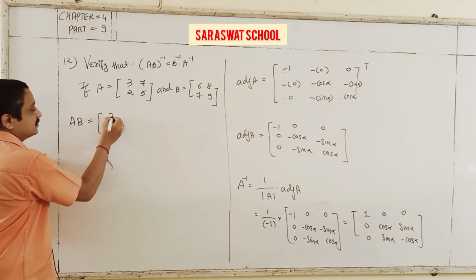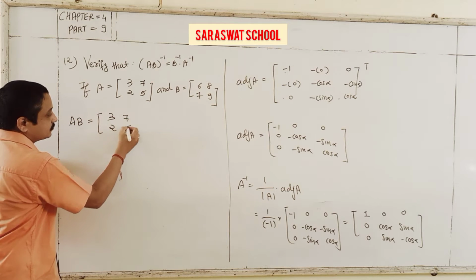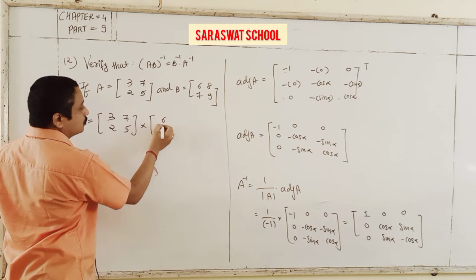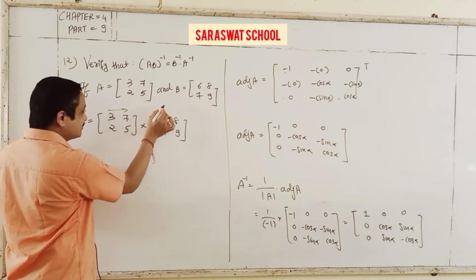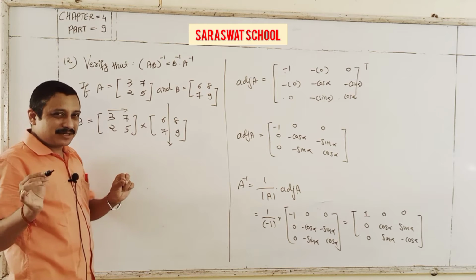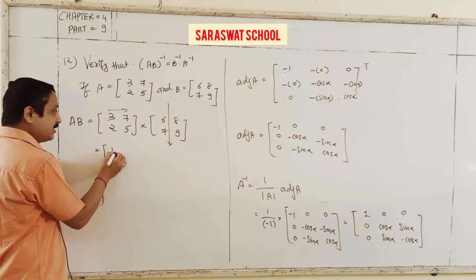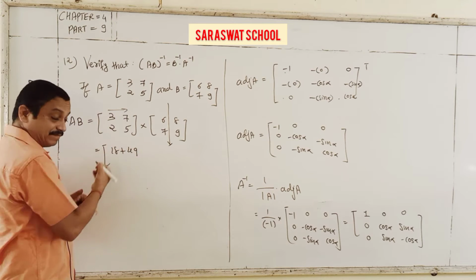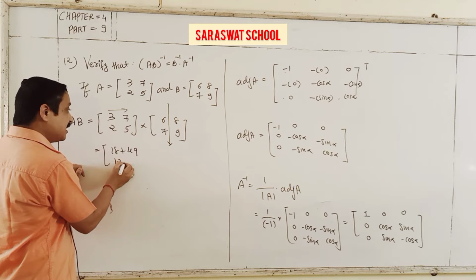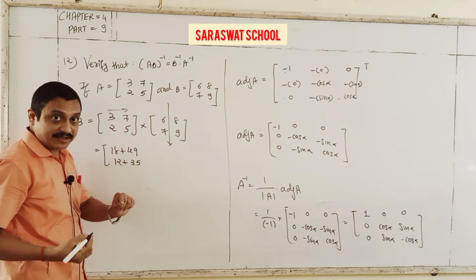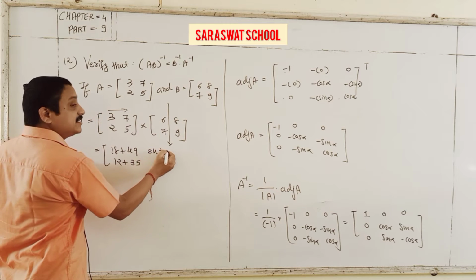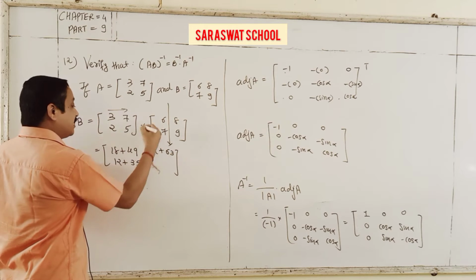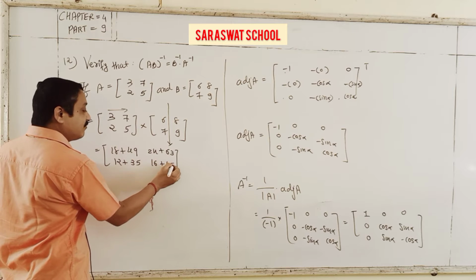So 3, 2; 7, 5 into 6, 8; 7, 9, and students, just simple multiplication. 6 3s are 18, 7 7s are 49. Next, 6 2s are 12, 7 5s are 35. Similarly here the product: 8 3s are 24, 9 7s are 63, and 8 2s are 16, 9 5s are 45.